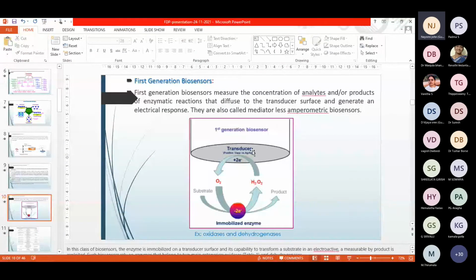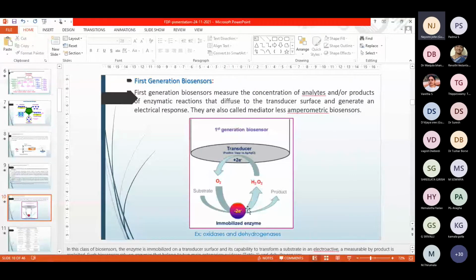First generation biosensors. For example, glucose is there. Glucose gets oxidized here, where glucose is taking up the oxygen, but in turn it is getting dehydrogenated. That means H2 is going out from the glucose, resulting in gluconolactone. For the biology teachers, I hope I am clear.